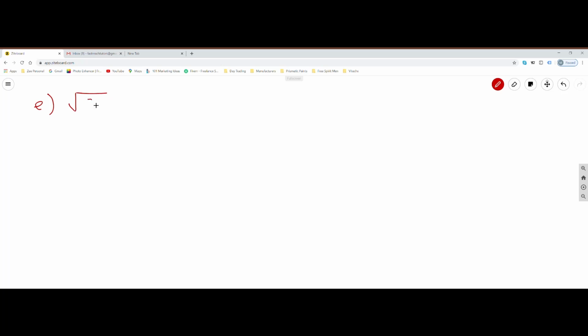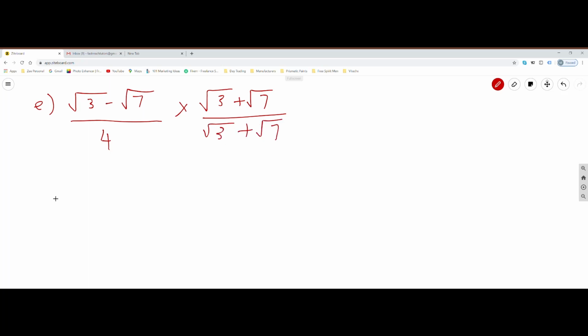And E, square root 3 minus square root 7 over 4 multiplied by the conjugate, square root 3 plus square root 7 over square root 3 plus square root 7 equals. Square root 3 times square root 3 is 3. Square root 7 times square root 7 is 7.